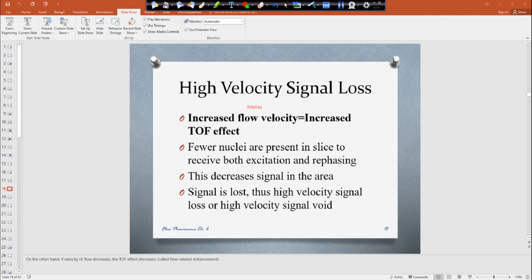We're going to increase our time of flight effect, meaning we're going to lose signal. Time of flight effect is also called high velocity signal loss. So if we're increasing our time of flight effect, we're losing signal within that vessel.